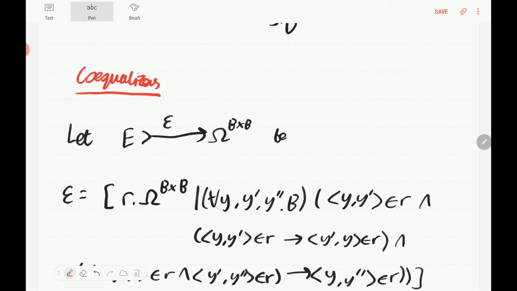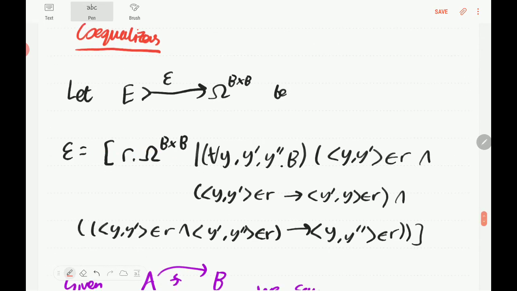And basically, it's the equivalence relations. So you can read it here, but basically it's the variables little r of type omega to the power of B times B, where these relations are reflexive, symmetric, and transitive.